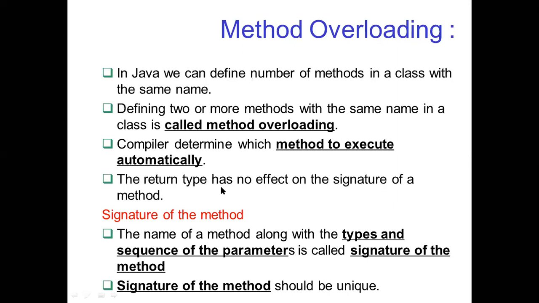We have the interpreter here also. Remember, C++ is a compiler, while Java is both a compiler as well as an interpreter. So during compilation, the compiler determines which method to execute automatically.